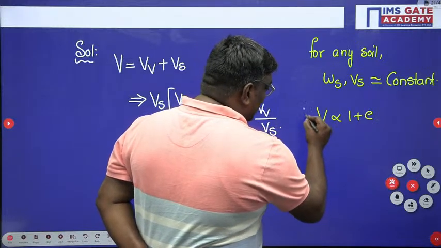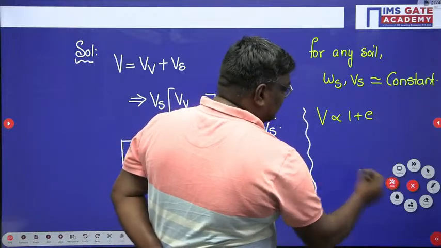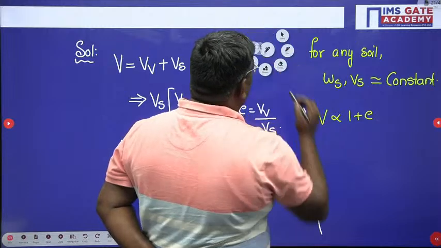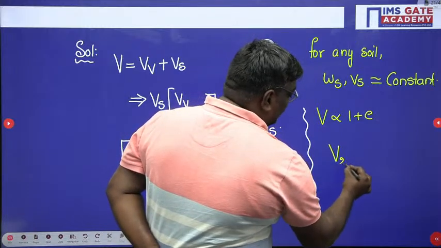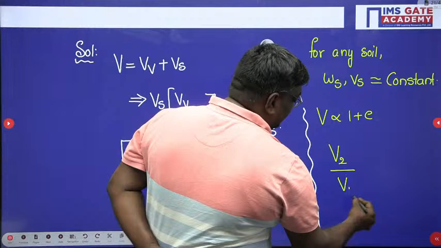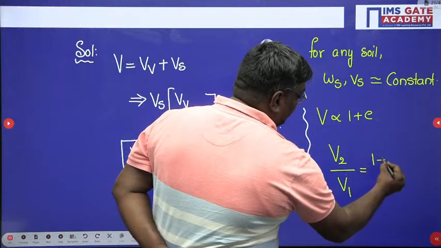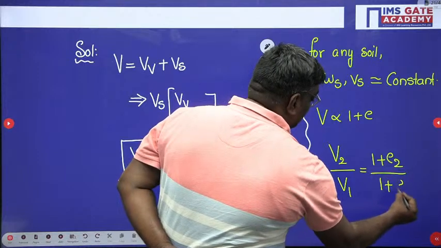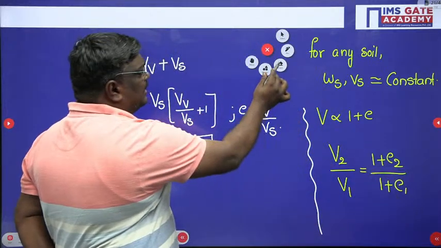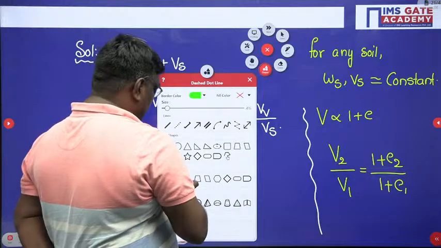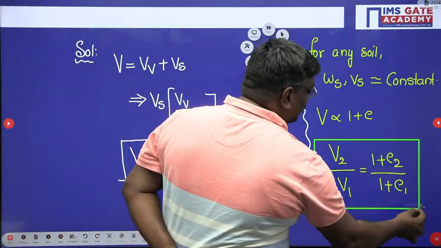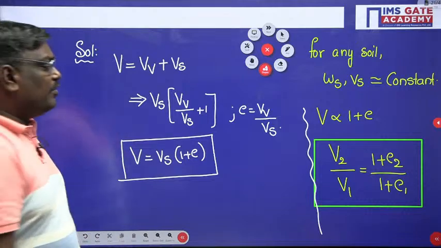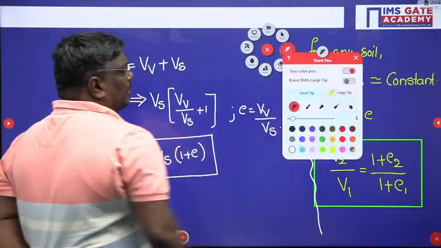Now the final equation I can write here is V2 by V1 equals (1 plus e2) by (1 plus e1). Here, my dear students, I have derived the equation, which you should remember for this formula. Okay, clear, sir? V2 by V1 is equal to (1 plus e2) by (1 plus e1).